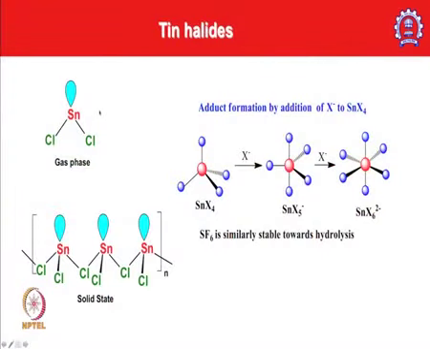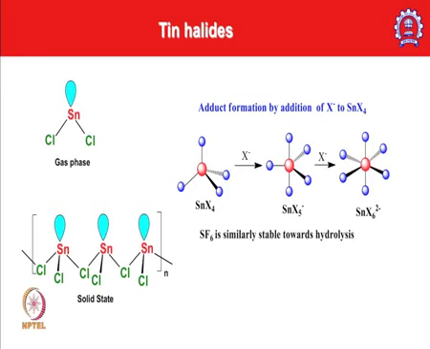Tin dichloride, that is SnCl2, in gas phase exists in the monomeric form. You can see the structure I have shown here. Because we have Sn in +2 state, 2 electrons are left on tin.